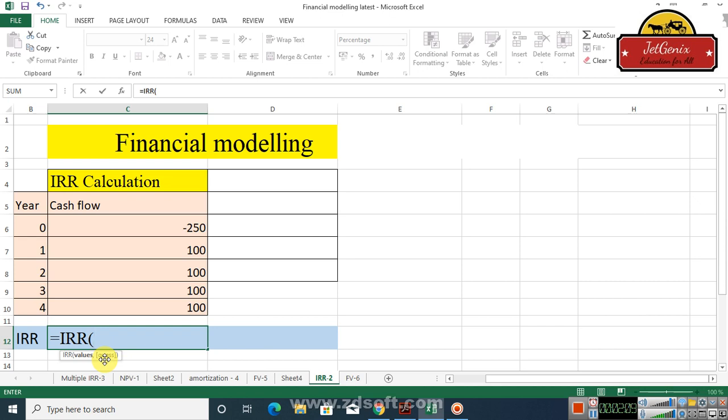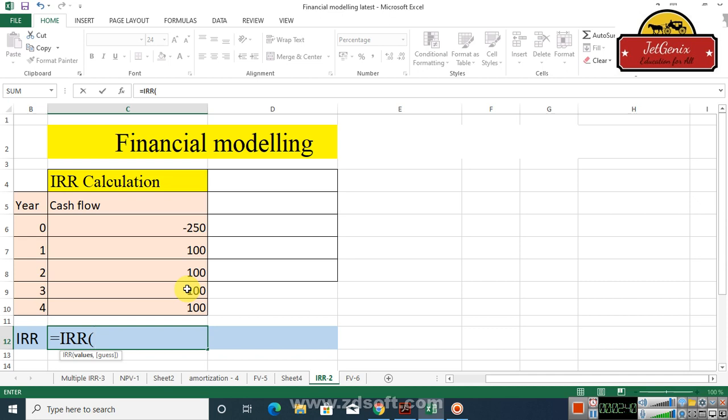For the time being, I will tell you that the guess will help you in calculating the multiple IRR, where we have 2 or 3 changes of sign. Sign means this sign, the plus and minus. When we have 2 or 3 sign changes, and we are required to calculate the 2 or 3 IRR, there the guess value will help you in calculating the first, second and third IRR.